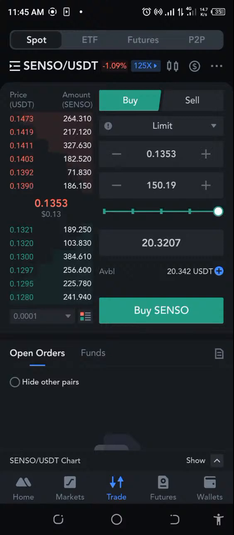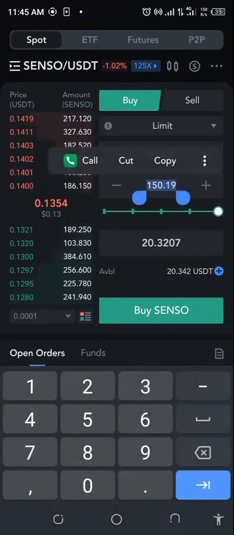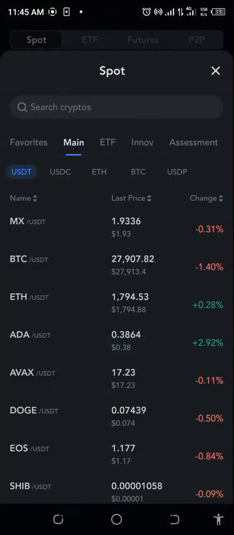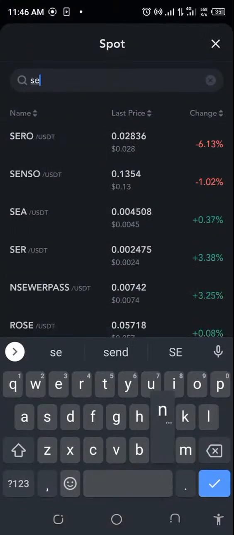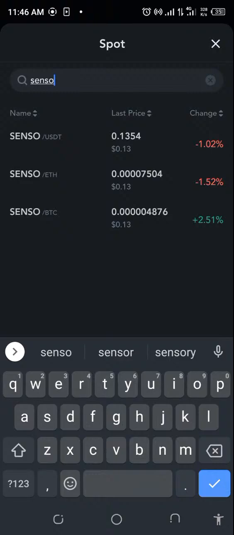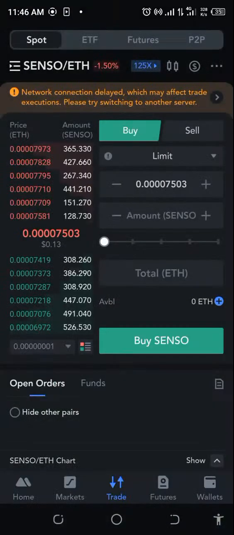You can see now it's gone down to 150.19. Okay, so let me try and copy this. Cut that and then go to Senso ETH. Senso ETH is supposed to give us what? Okay, so we're supposed to sell to Senso ETH.